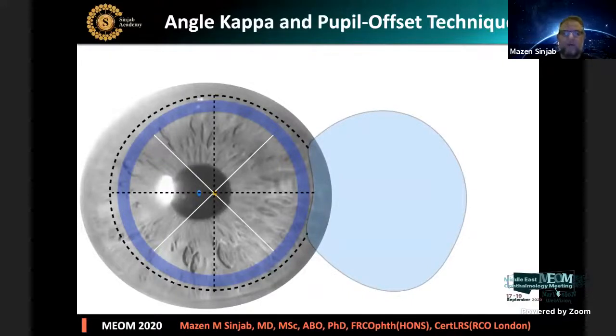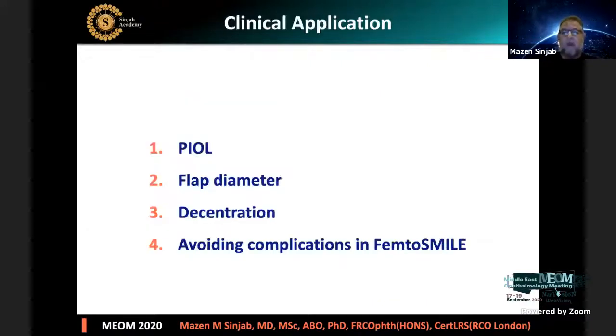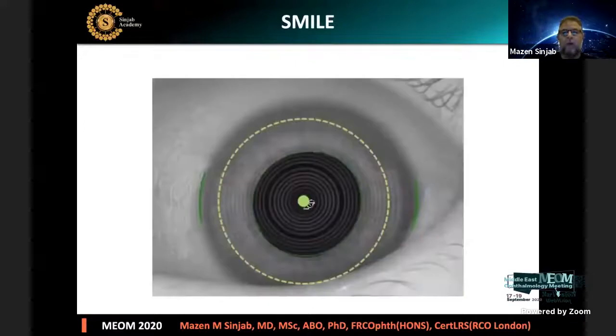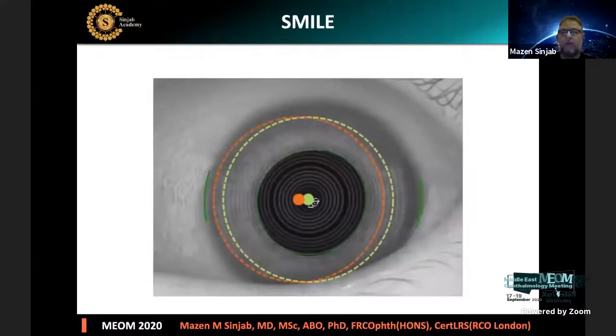Now, when we recenter the flap as well, if the cornea is very small, then we are going to interfere with the limbus. In addition, we have to avoid complications in the femtoSMILE, because as we know, in femtoSMILE we are creating a pocket. Now, if the angle kappa is within the normal range, then the whole pocket will be within the cornea. If the angle kappa is relatively high, then we are approaching the limbus.